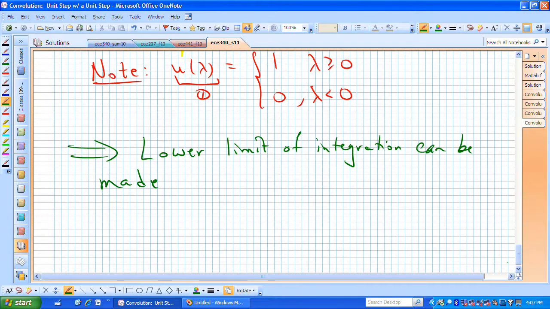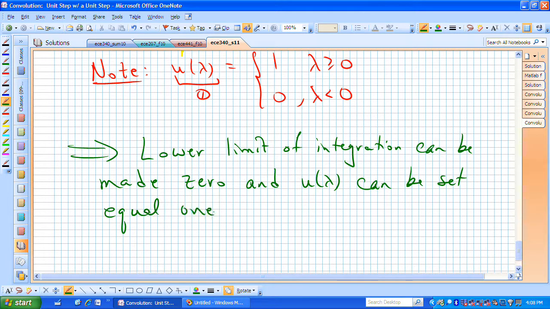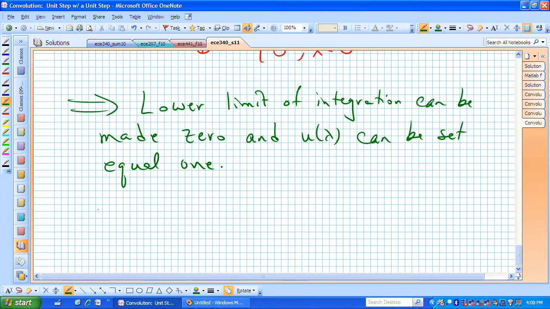So the lower limit of integration can be made 0, and this waveform in our integrand, this u of lambda, can now be set equal to 1 because we've now turned it on, and by turning it on we've changed the limits of integration.